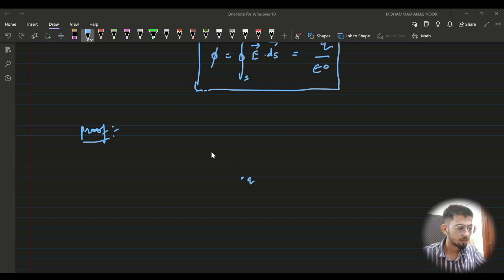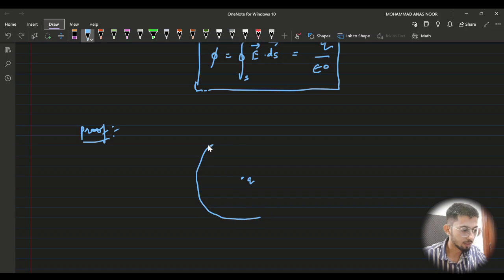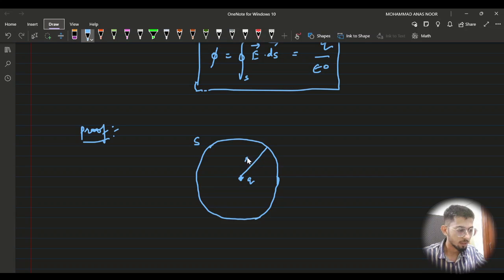Now what we do is, there is this spherical surface around that charge, and this charge is situated at the center of this spherical surface. So you can say that this distance will be the same from the center to the radius, to the circumference.